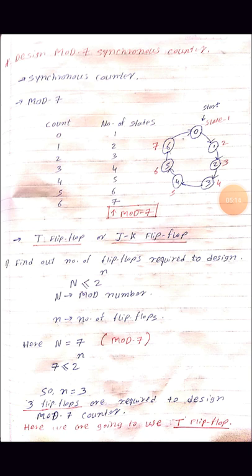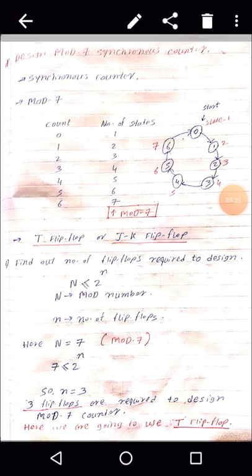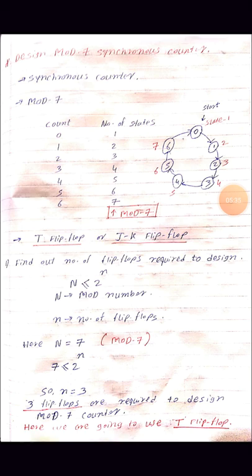And what is the formula? Capital N less than or equal to 2 raised to n. Capital N is the mod number, small n is the number of flip-flops. So here we require 3 flip-flops, and we are going to use T flip-flop here. You can design either with the help of the T flip-flop or with the help of the JK. Yes, is all clear?